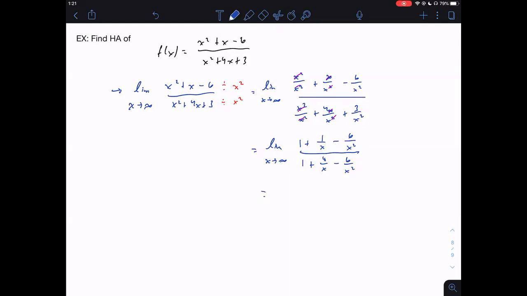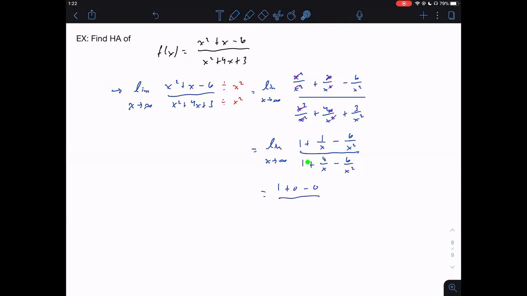All right. So again, the limit of a constant is just that constant. So it's just going to remain 1. And once again, the limit of a constant over a changing variable is going to become 0. So 1 plus 0 minus 0. Again, 6 over x squared, constant over a changing variable, as it goes to infinity will become closer and closer to 0.